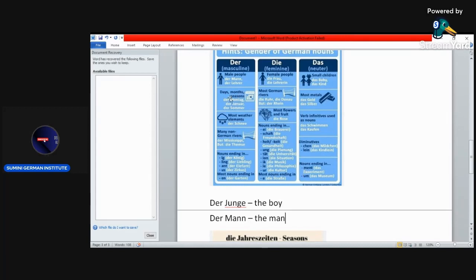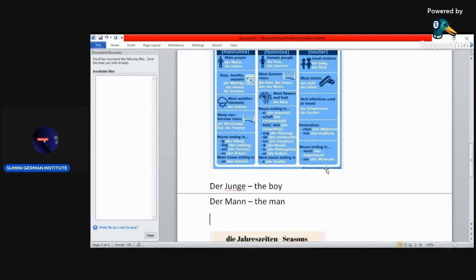The second one is days, months, and seasons. Days we already did in the second lesson. For example, Monday. What is Monday in German? Montag.